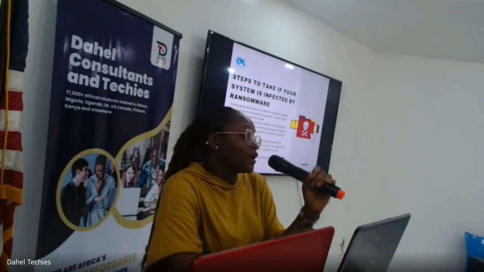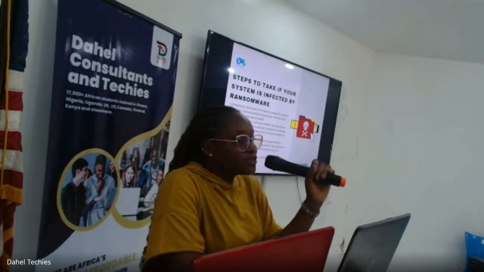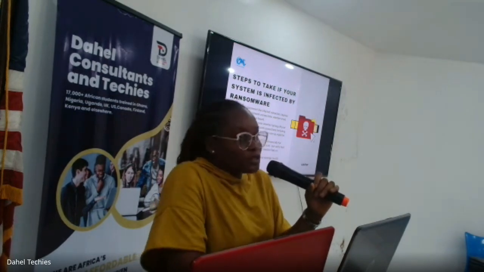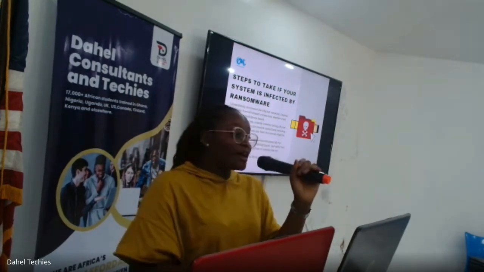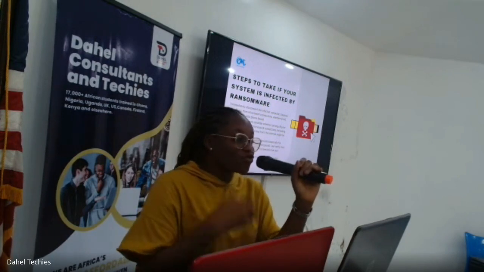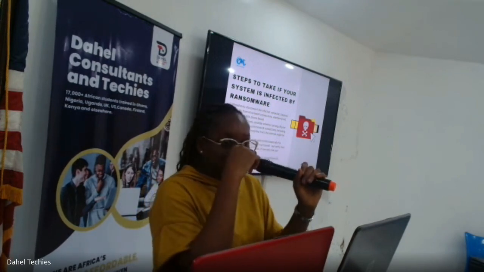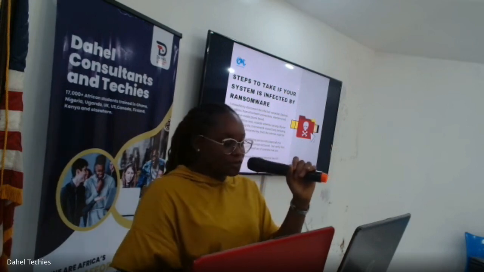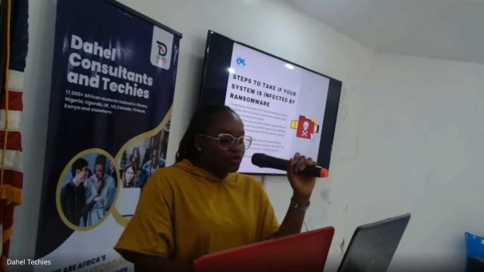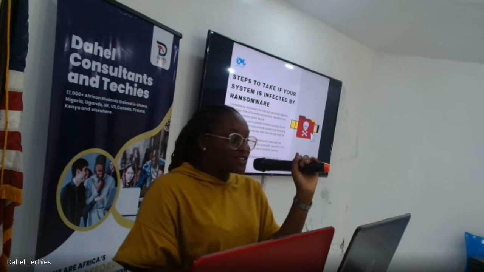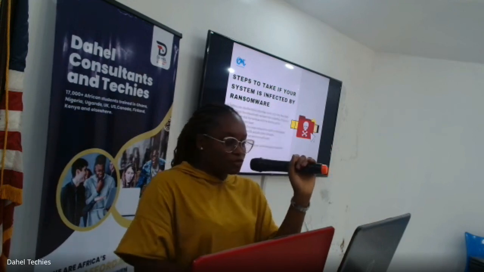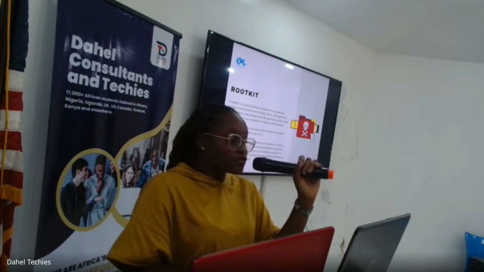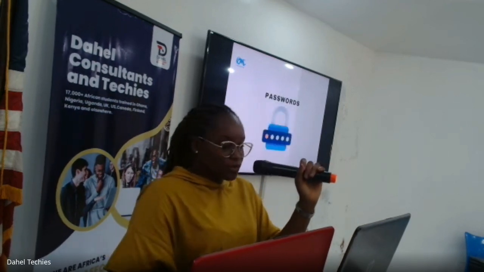Let's say you come across ransomware and you don't want to pay the money. There are steps you can take to try and recover the data before it reaches a point where you have to pay. You can go through it when I send the slides, because of time we will not take it. Then we have rootkits. You can go through it in your spare time.